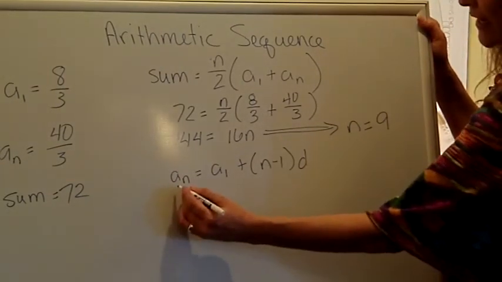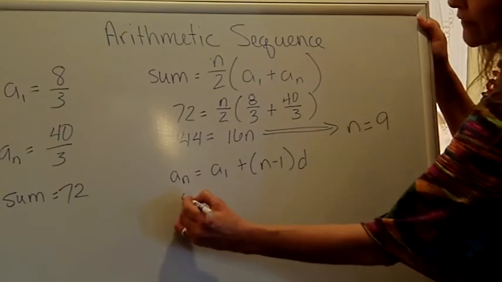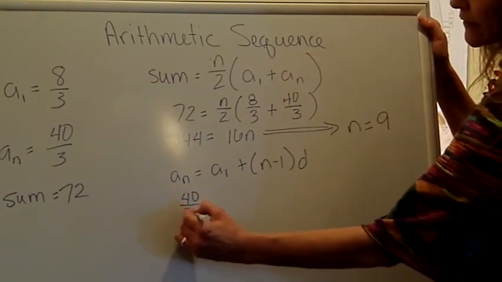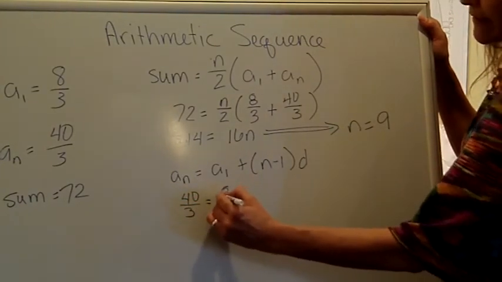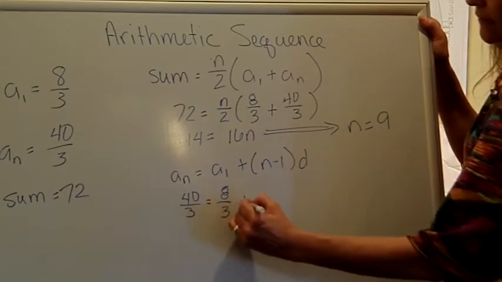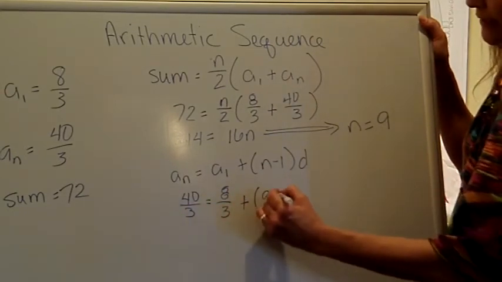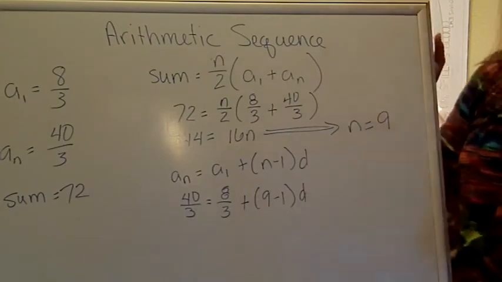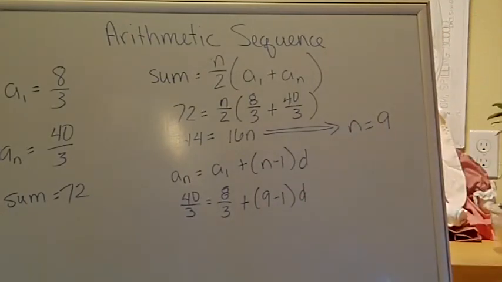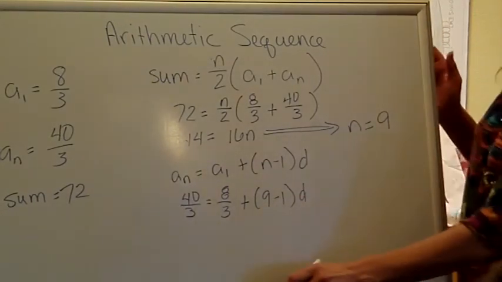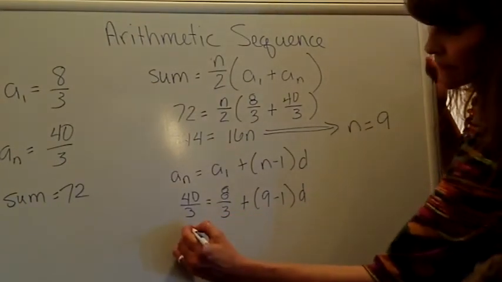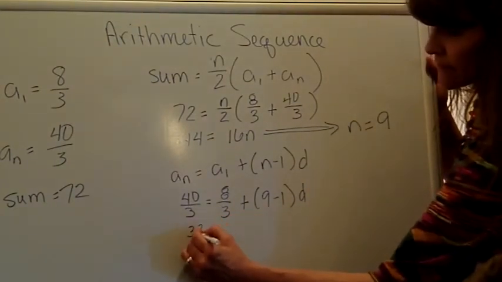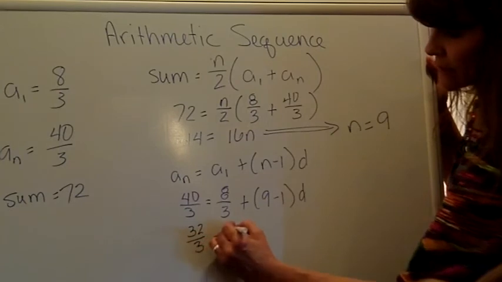So we know that A sub n is 40/3, A sub 1 is 8/3, and the number of terms is 9. We need to solve for D. I'm going to subtract 8/3 over, and get 32/3 equals 8D.